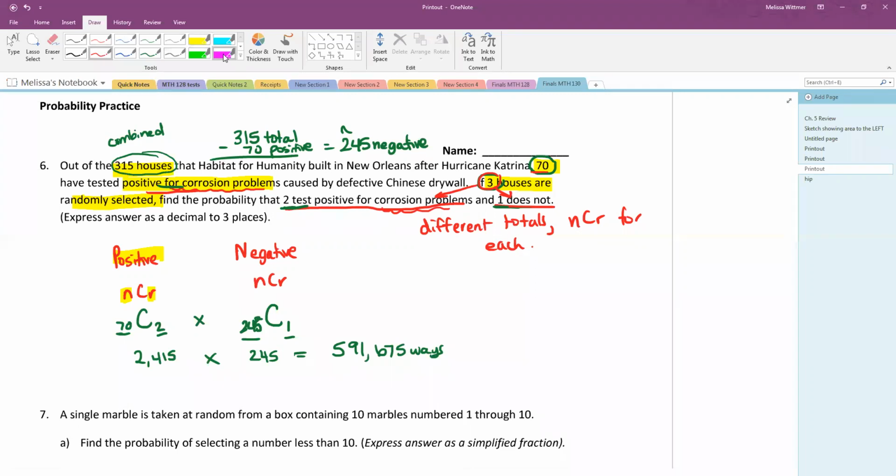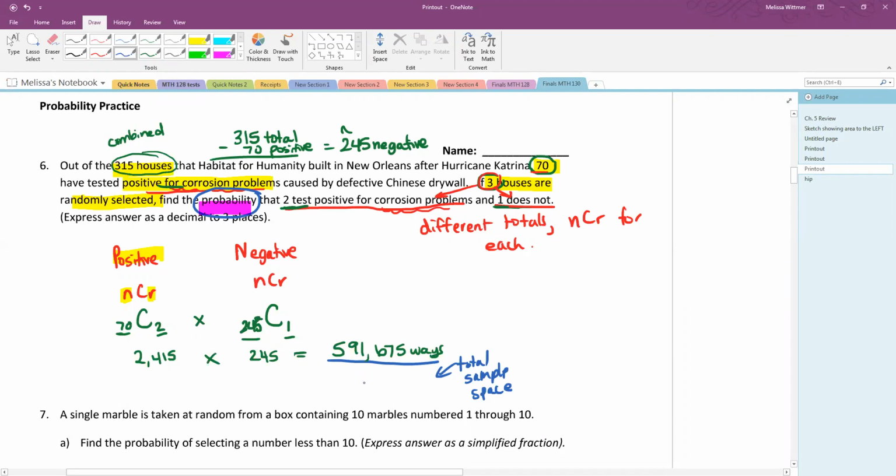But notice that the problem says, find the probability. When you see the word probability, you have to create a fraction. Probability is always dividing by total sample space. So I have an extra step where I have to divide by one more combination.